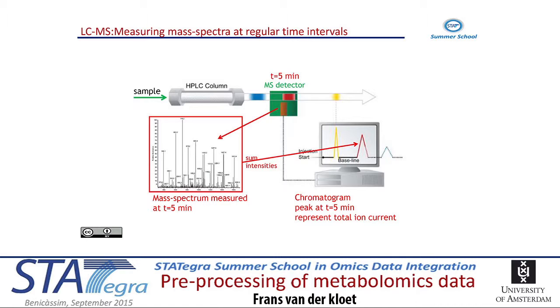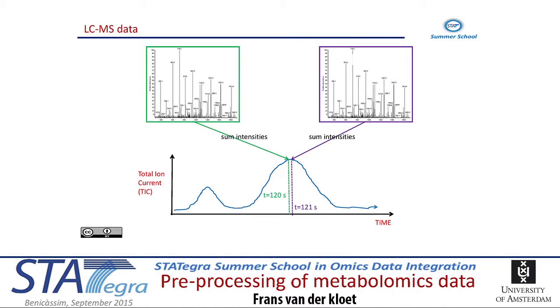So that's a lot of masses and a lot of compounds that come from the column at the same time. If I look at my TIC again, at two subsequent time points, 120 seconds and 121, I get almost similar mass spectra.